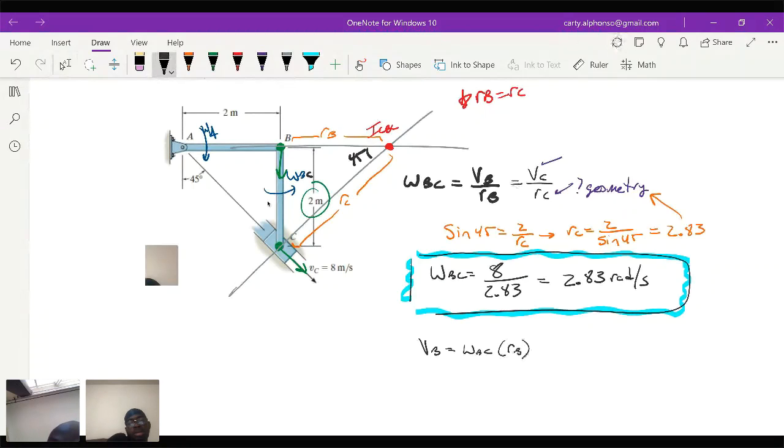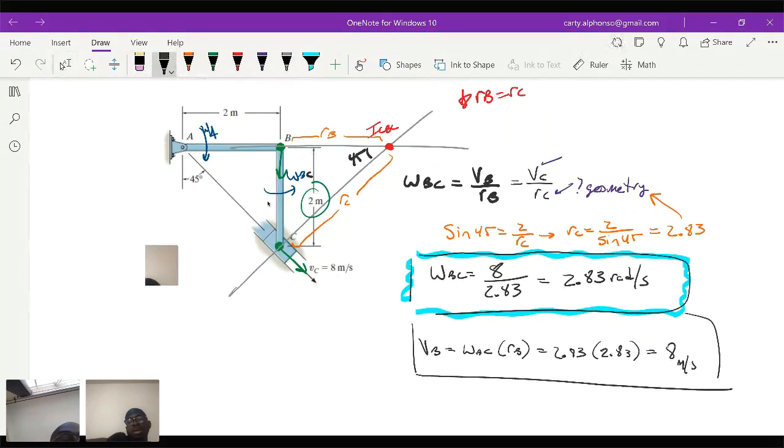We know RB is 2.83, so it's 2.83 times 2.83, which we know is going to be 8, because I just basically did that same thing backward because of the symmetry of the problem. So that's 8 meters per second. And that is how you solve for VB.